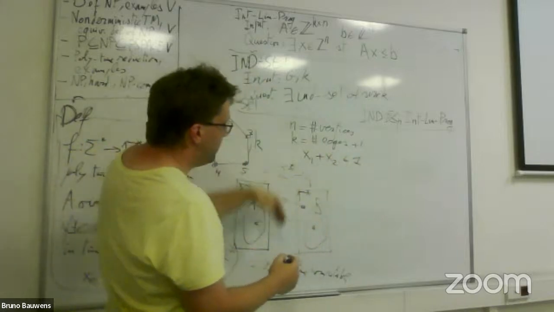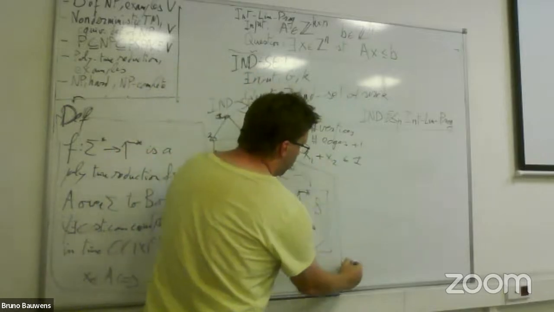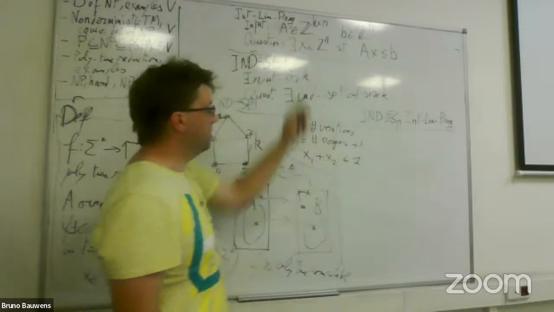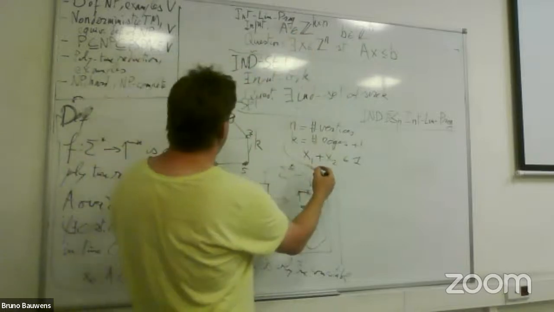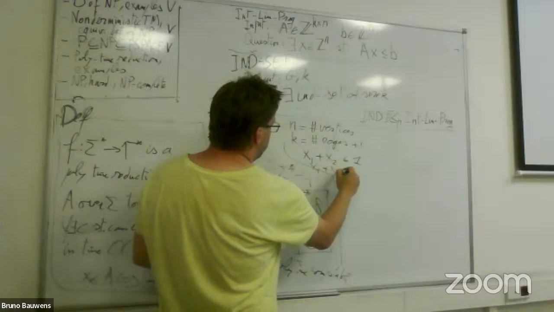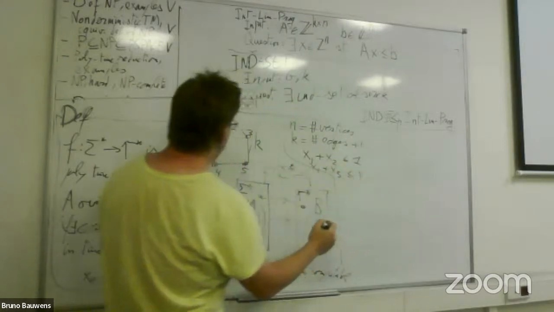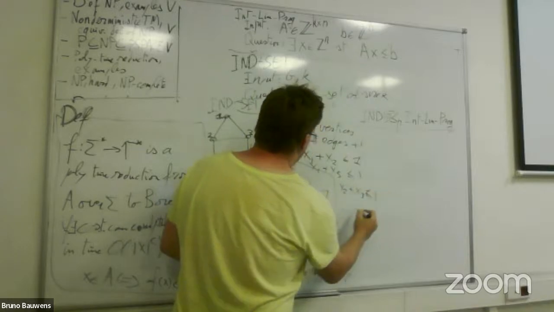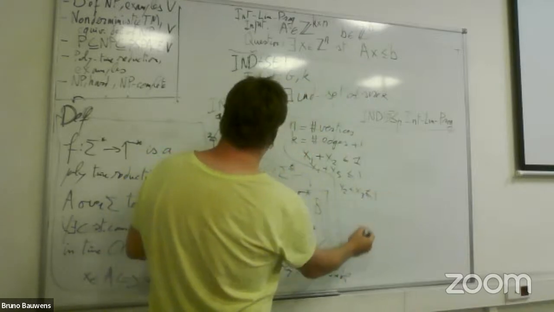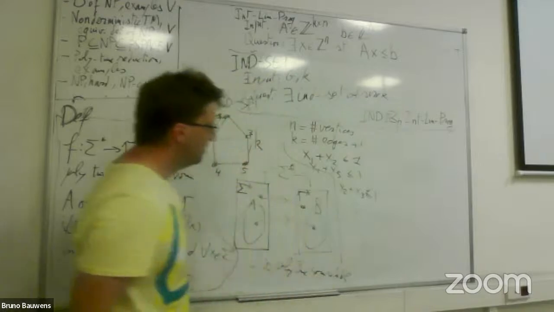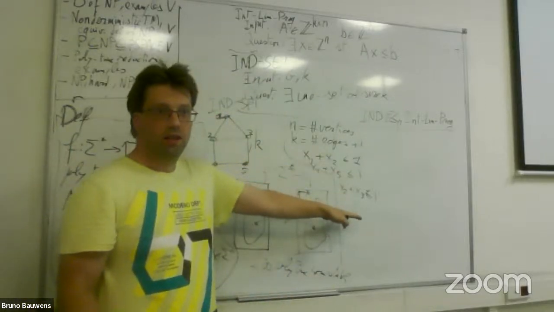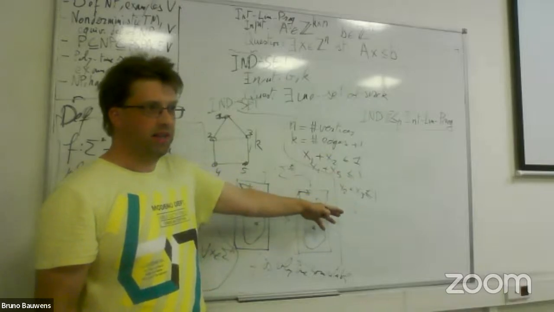Now I will write down a list of inequalities, and from this list we get these matrices. In the same way, x1 plus x3 should be at most 1, and x2 plus x3 should be at most 1, and we continue and get a few more. This is clear. The number of inequalities we get this way is the number of edges.